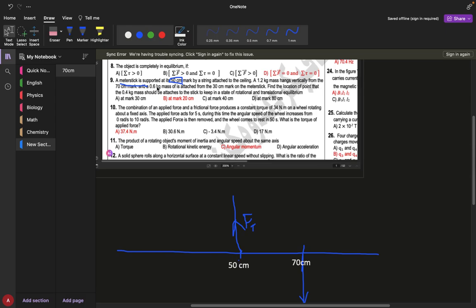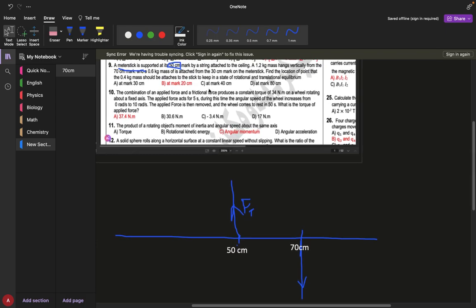It says an 0.6 kilogram mass is attached from the 30 centimeter mark. It's about this much, 30 centimeter.